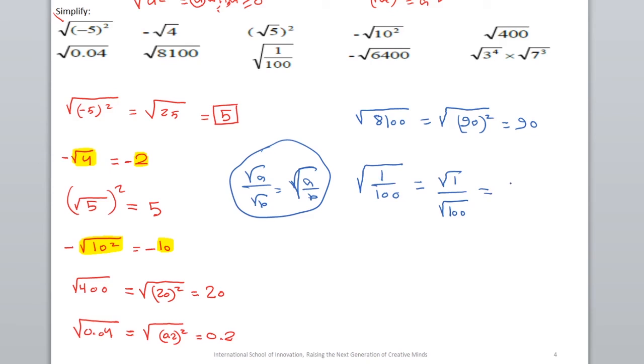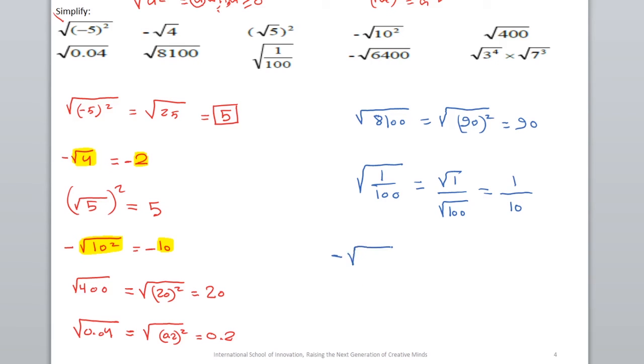Revise the lesson: radical A over radical B equals radical A over B. It's the same formula. Radical 1 is 1, and I know that from the lesson. If you forgot the formulas, you must write them on a paper or in your notes copybook. Radical 100 is 10. So it's 1 over 10. Okay, we go to the next one.